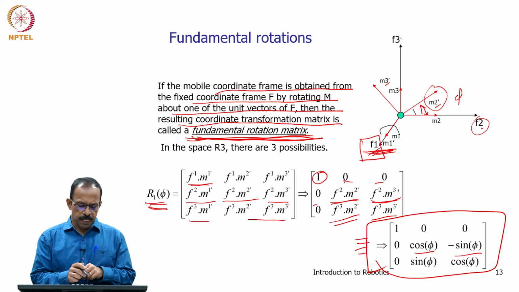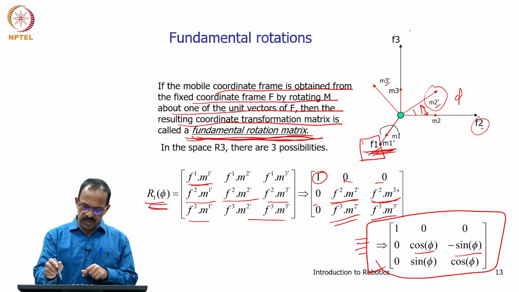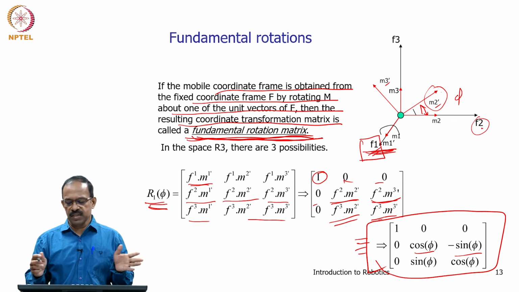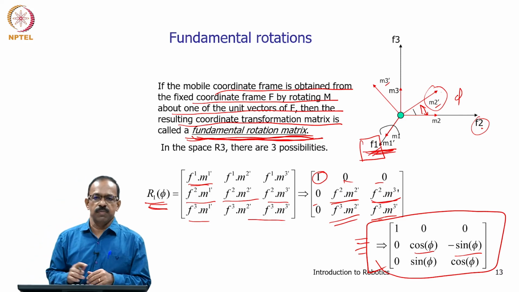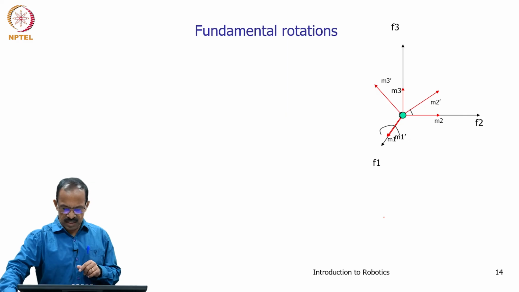The difference will be if it is rotating with respect to F2, then F2 M2 dash will be 1. If it is rotating with respect to F3, then this will be 1. Otherwise, the matrix formulation will be the same. So, you can get the fundamental rotations like this.